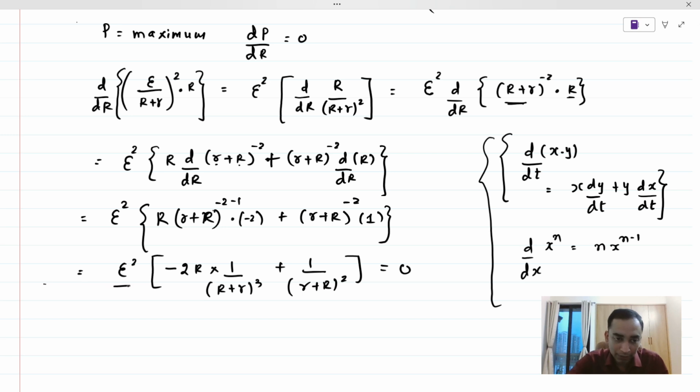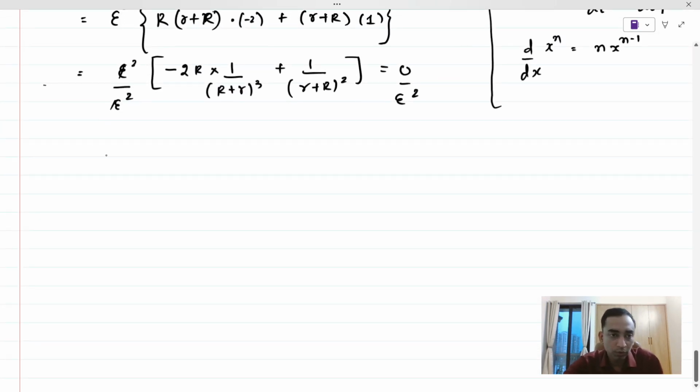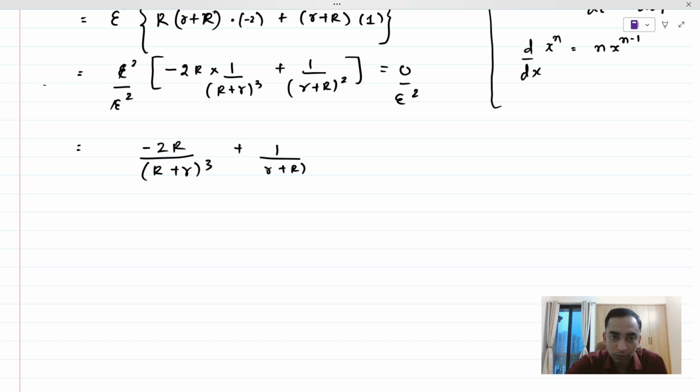So dividing both sides by E square, this part will go off. What am I left with? I am left with minus 2R upon R plus r the whole cube plus 1 upon R plus r whole square, that is equal to 0.